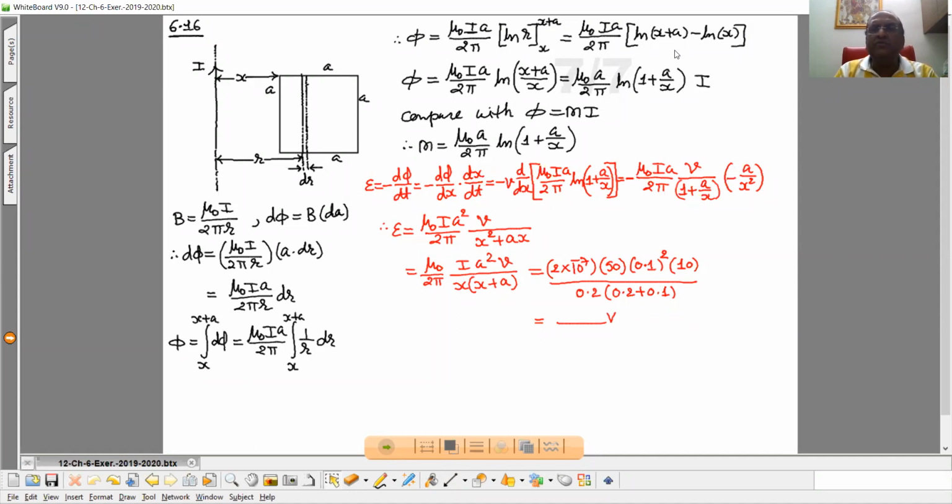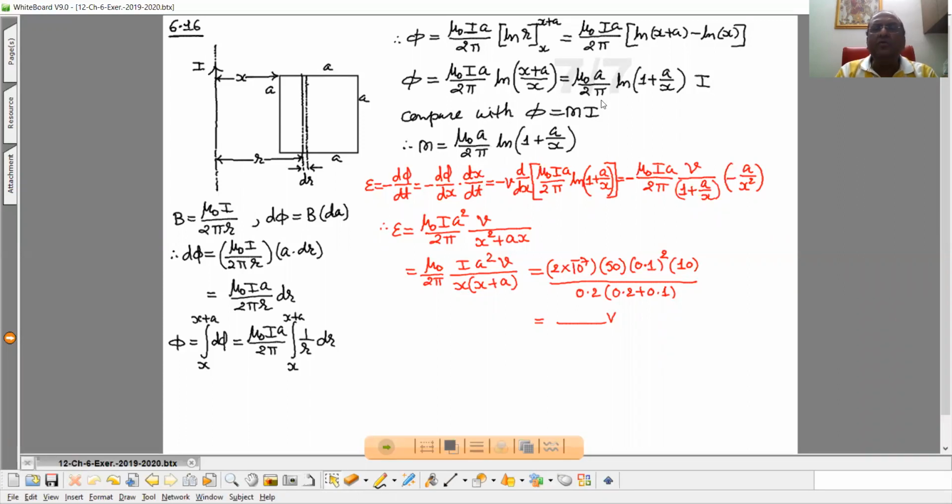If we substitute these limits, we can write mu 0 I a upon 2 pi into bracket ln of x plus a, the upper limit, minus ln x, the lower limit. So phi is mu 0 I a upon 2 pi ln of x plus a upon x.